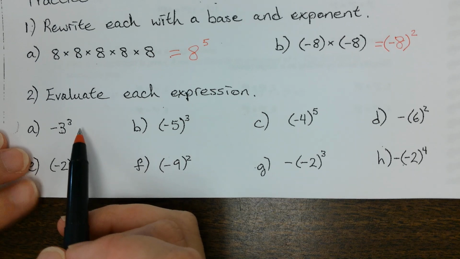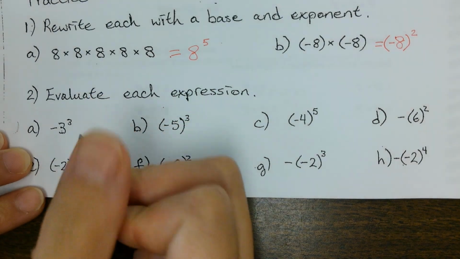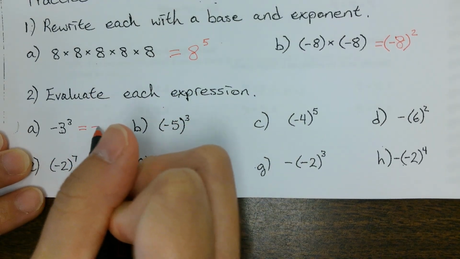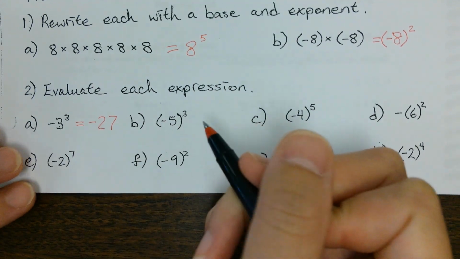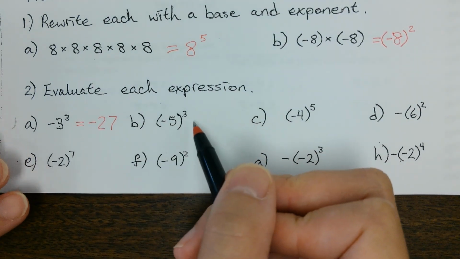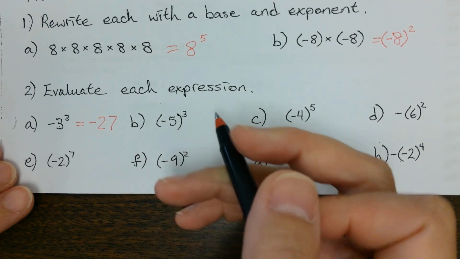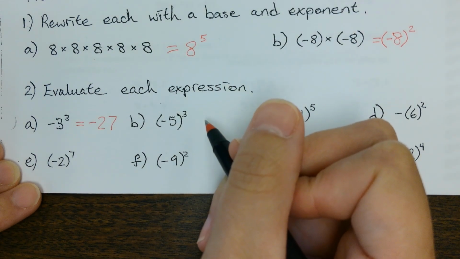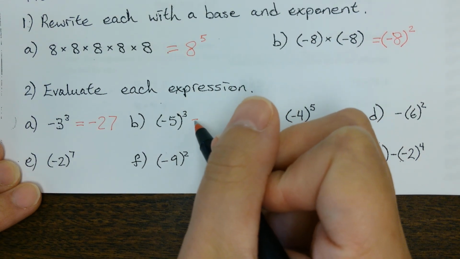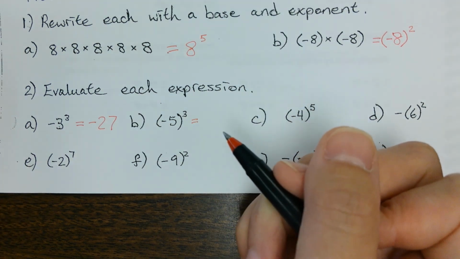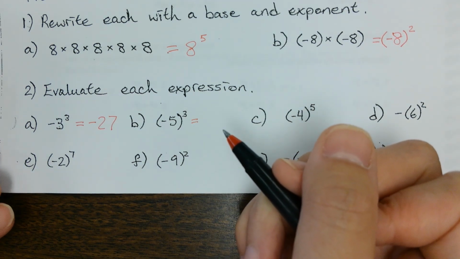Naomi. Perfect. Negative 27. Hassan? Okay, so but what's negative 5 times negative 5 times negative 5?